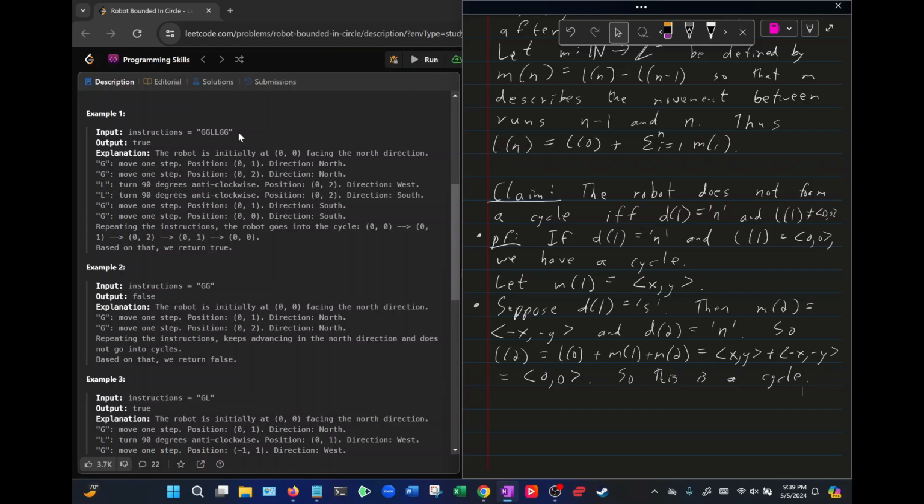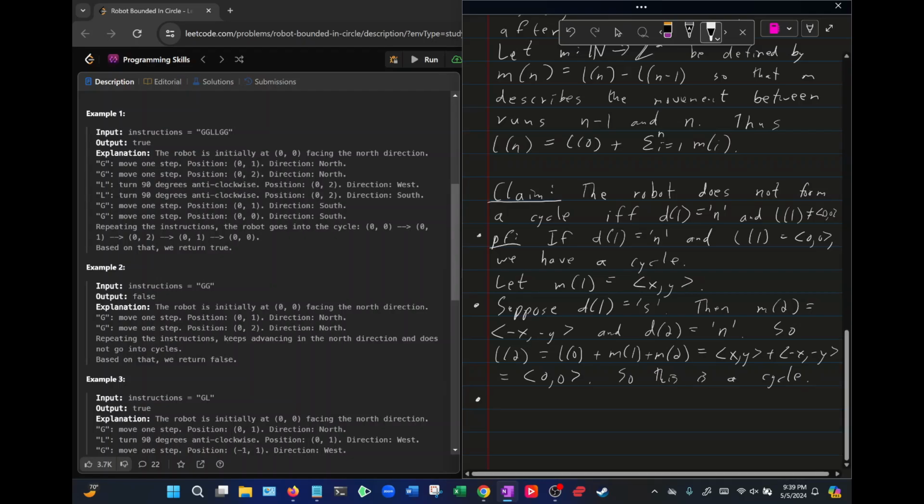So that was a very hand-wavy argument, but the point is that the robot returning to the origin and facing north after some number of iterations through the instructions is sufficient for the robot to be in a closed cycle. Or just a cycle. I don't know, these are not super rigorous definitions that we're using here.